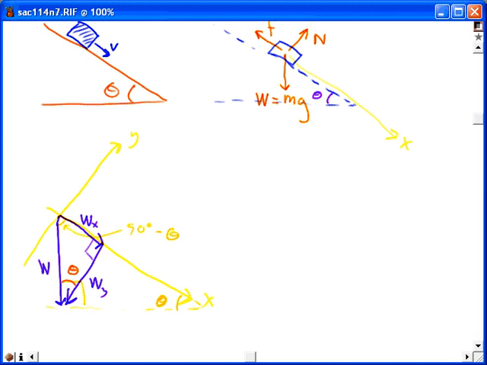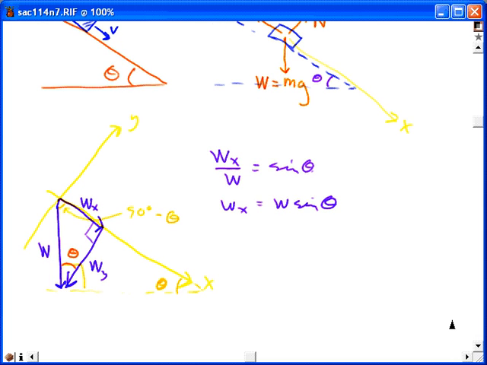So with the way I chose to draw this vector component diagram, this is the angle theta, so Wx over W is the opposite over the hypotenuse. That's the sine of theta. Wx is W sine of theta.